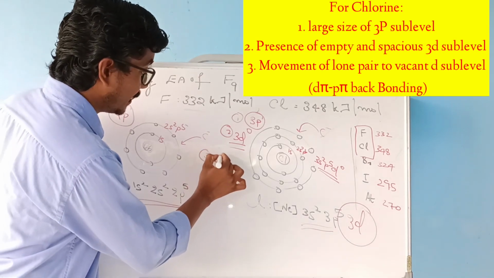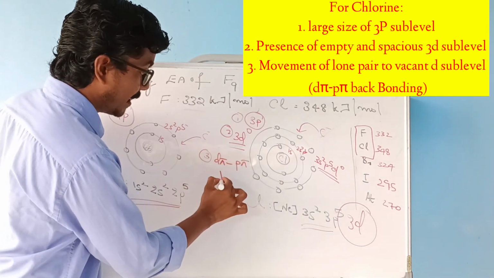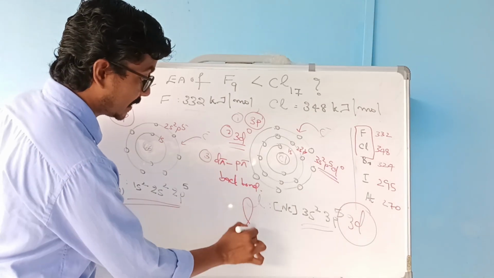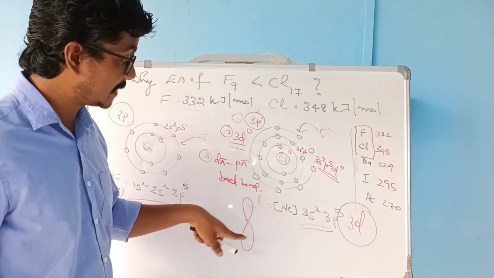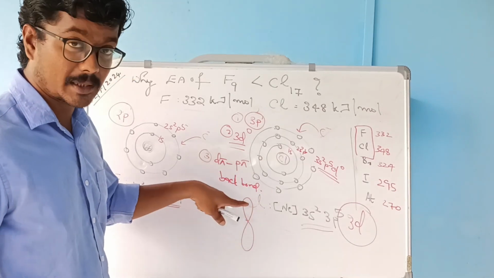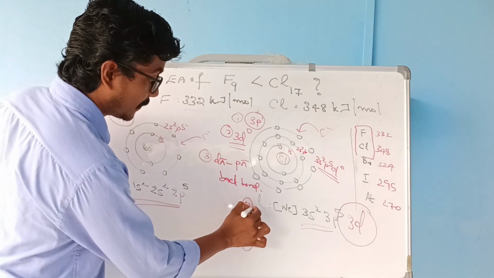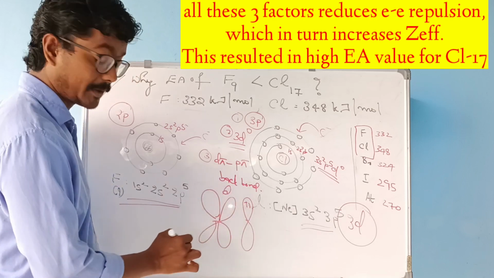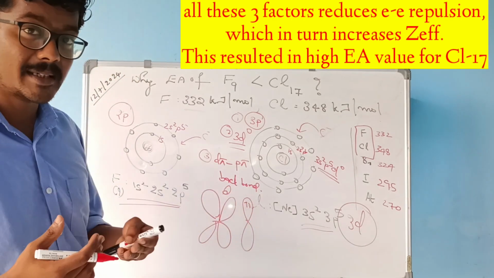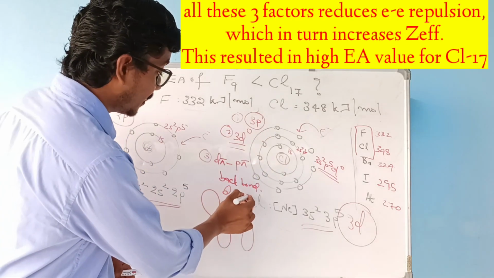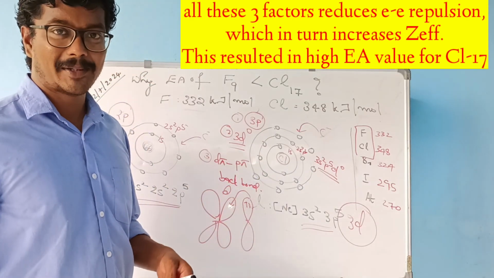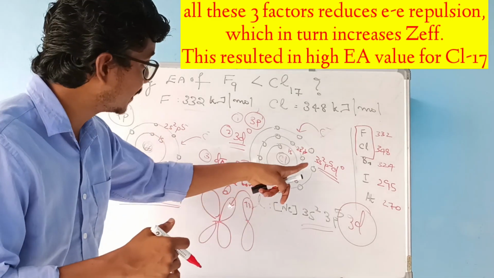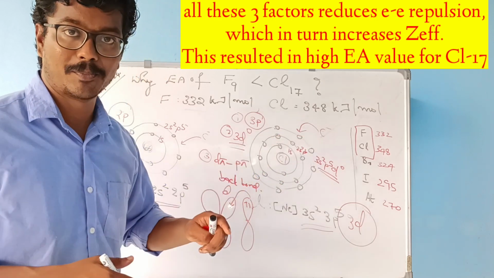There is dπ-pπ back bonding. What is this dπ-pπ back bonding? If this is the p electron, and this is the d orbital, then this lone pair of electrons has the tendency to donate towards the vacant d sublevel. The lone pairs, the non-bonding pairs of electrons already existing in the 3p5 and 3s2, right?